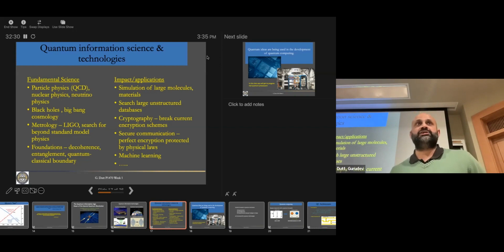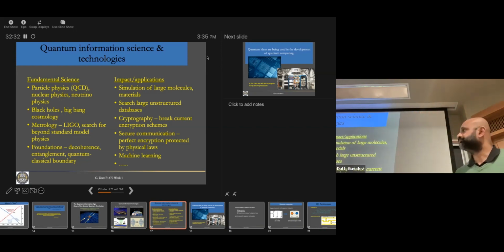So anyway, these are sort of outlined for you where we think quantum information science and technology might have impacts. But nobody saw the laser coming. Okay, people who knew about quantum mechanics did not think that a laser would ever be built. It popped up, right?